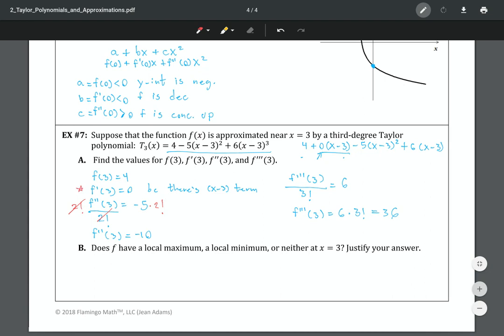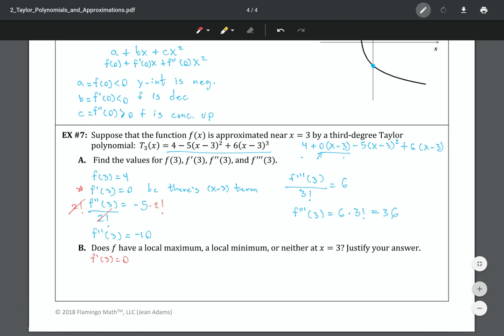So what does that tell me? That tells me that I could potentially have a local max, a local min, or neither. But I can't just by that number say that I have a local max or min. They could be, but I need more information. So f prime of 3 is 0, so there could be a max or min or neither.